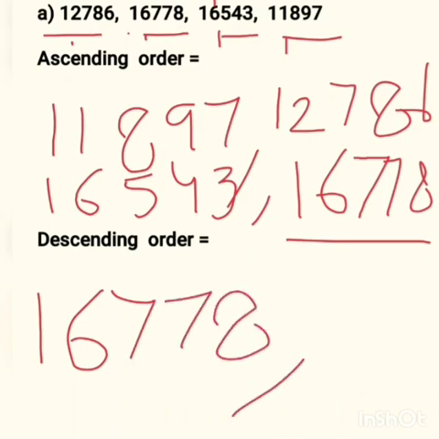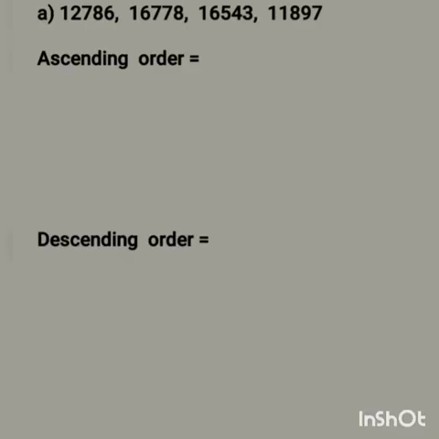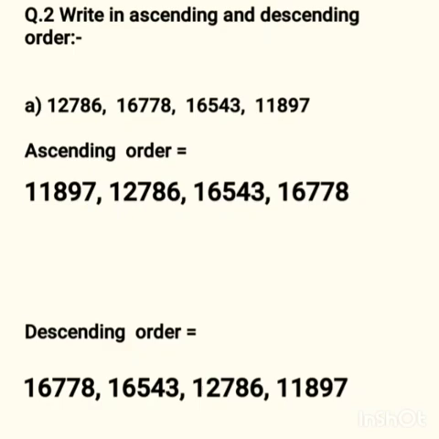So 16778, then 16543, then 12786, right? And the last is 11897. So in this way we have to form the numbers in ascending and descending order.